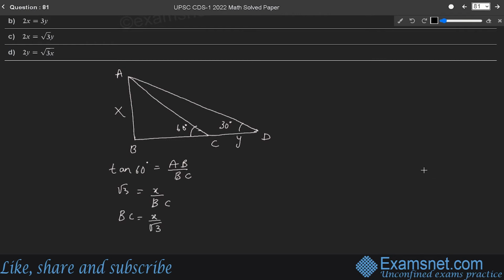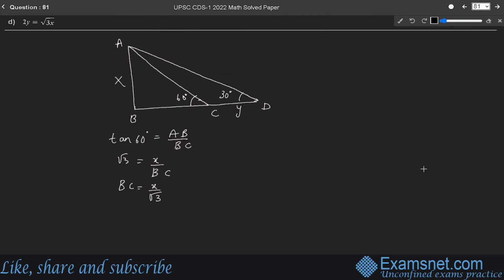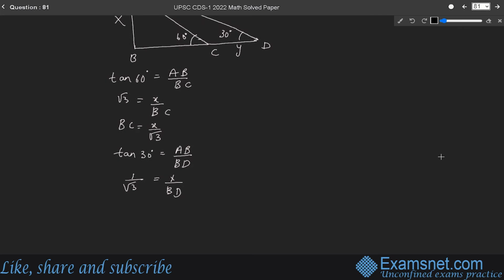Again for 30 degree, tan 30 degree will be equal to AB upon BD. 1 by root 3 is equal to x upon BD. And from here we will get the value of BD, which will be root 3x.